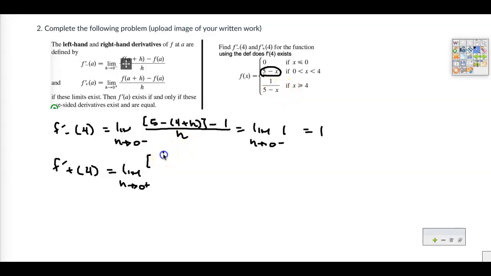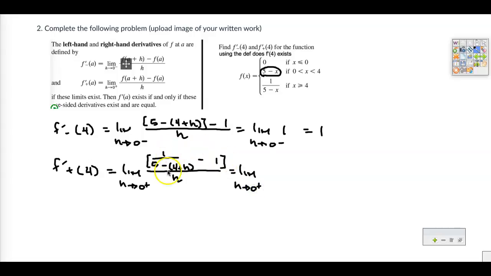So this is going to be 1 all over 5 minus, this is going to be 4 plus h here, minus the 1, which is going to be all over h. And so now you have to build up to have a like denominator. So the limit as h approaches 0 from the right.